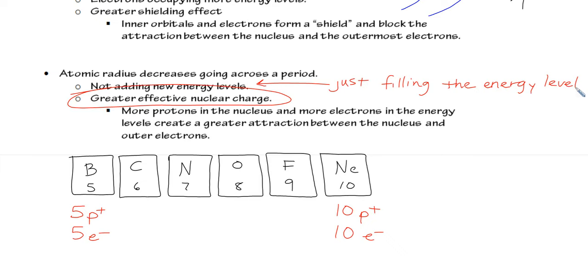The more protons in the nucleus, the greater the nuclear charge. That's like a greater positive attraction for the electrons. So these are both going to have attractive forces between the nucleus and the electrons, but this is a greater attractive force.